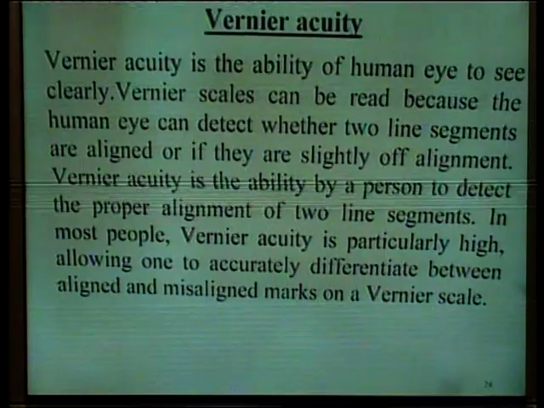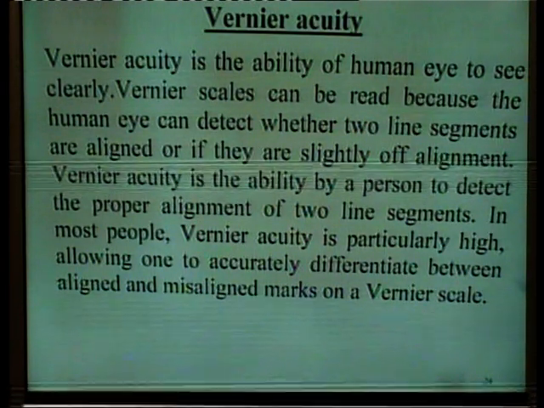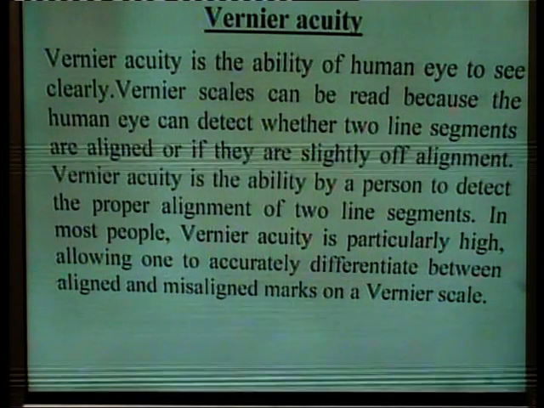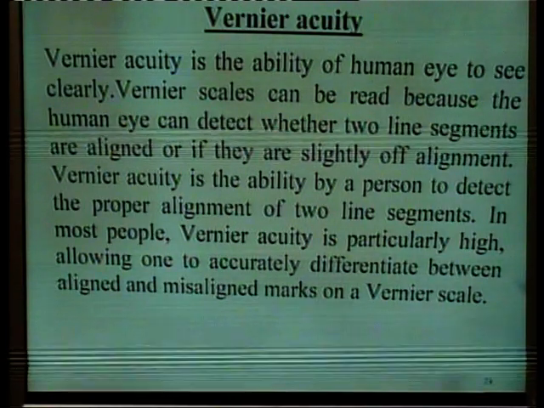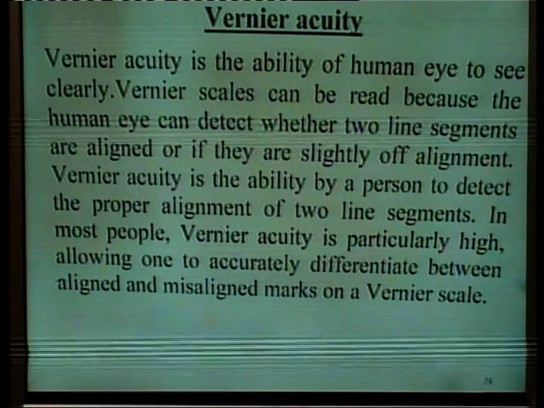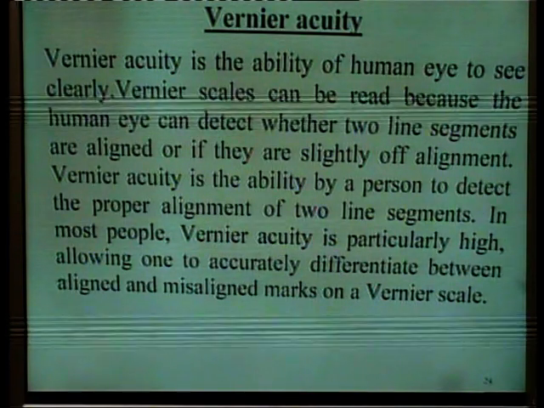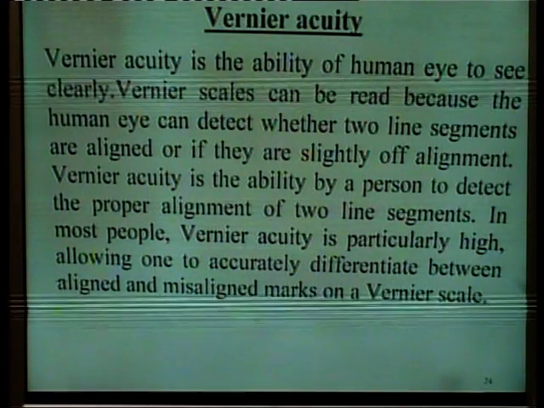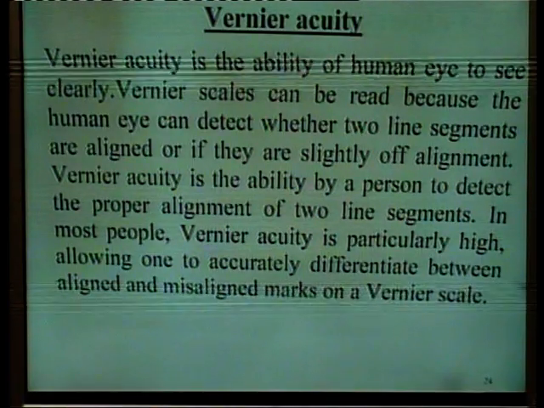Vernier accuracy. If we discuss what Vernier accuracy is, we can say that Vernier accuracy is the ability of the human eye to see clearly. A Vernier scale can be read because the human eye can detect whether two line segments are aligned or slightly off alignment.